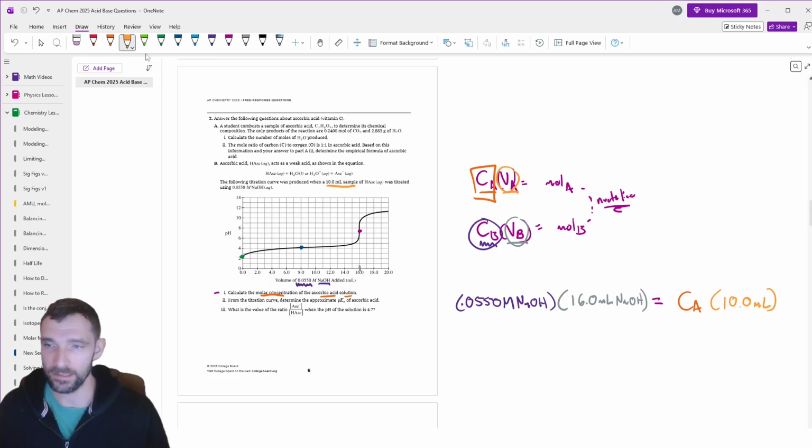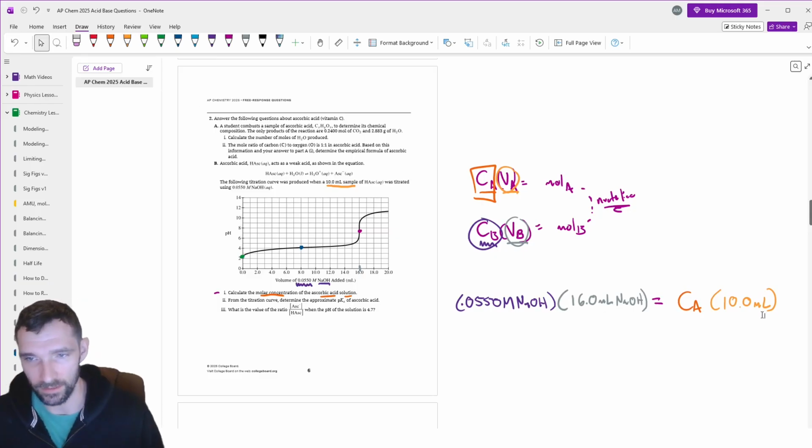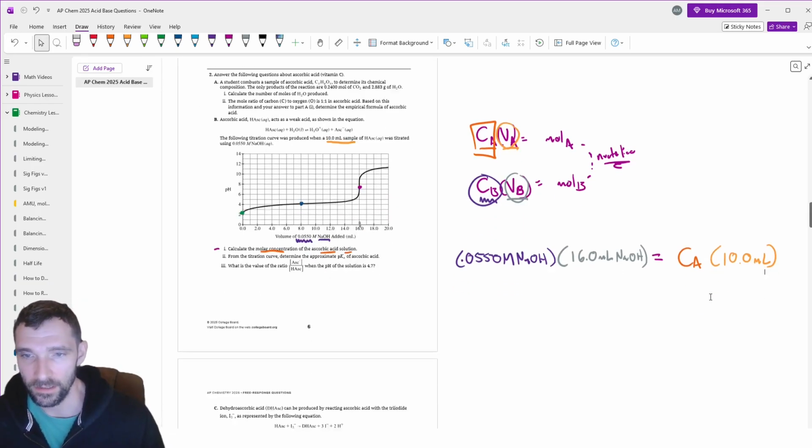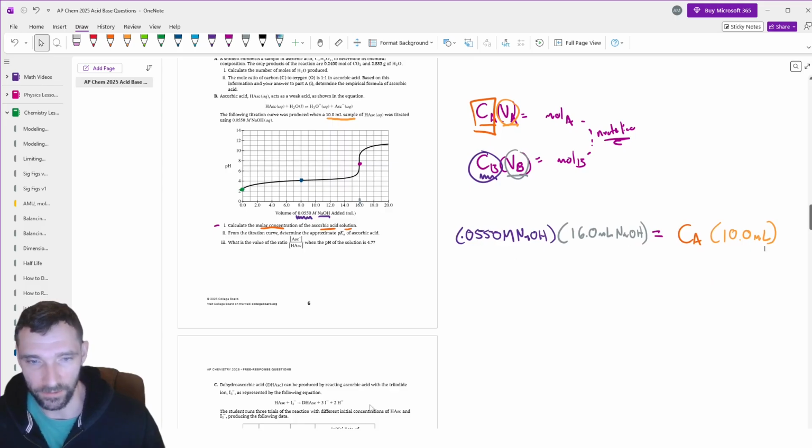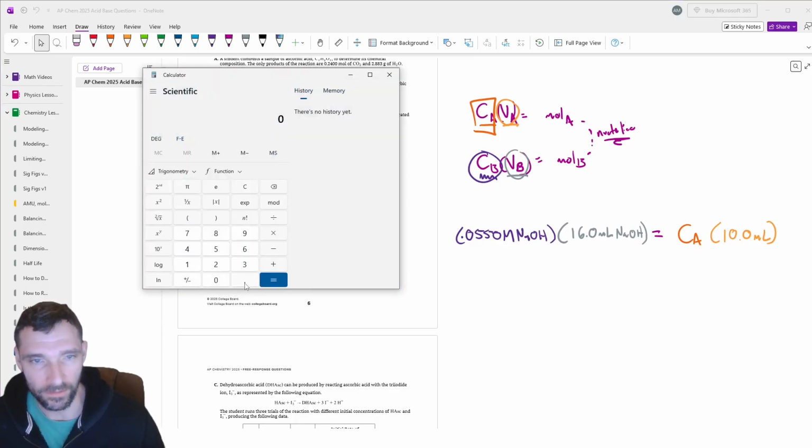You could convert these milliliters into liters, but they're going to cancel out. So we can just simply solve for this. So if we just take our calculator and do that, it's pretty straightforward. And then we divide it by that 10.